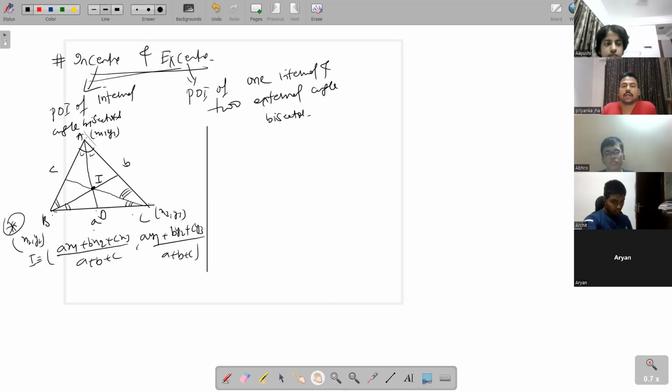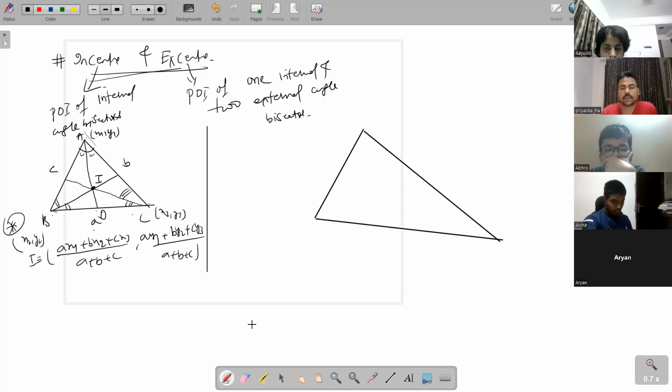Noted? Okay. In excenter, see, how is an excenter formed? I'll tell you. In a triangle A, B, C, just extend this.